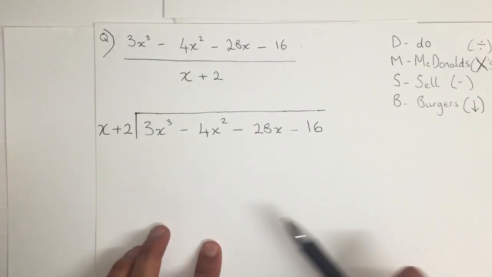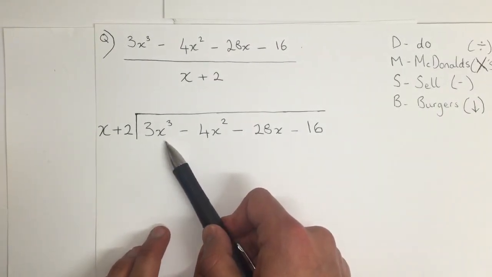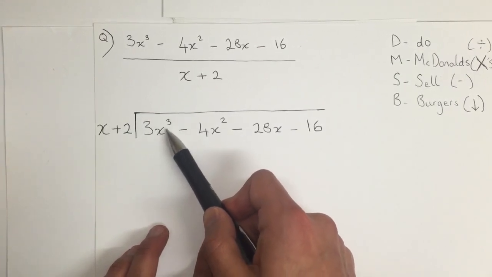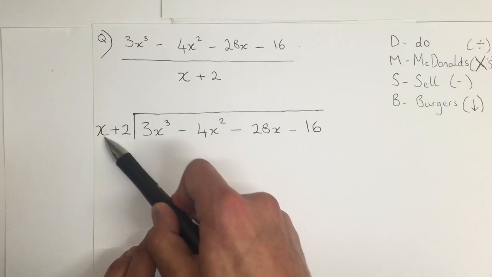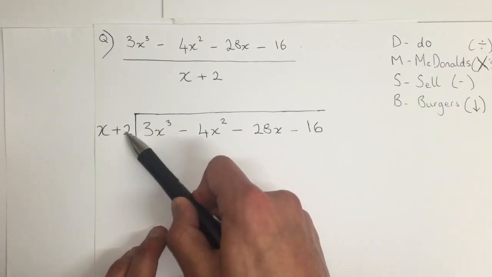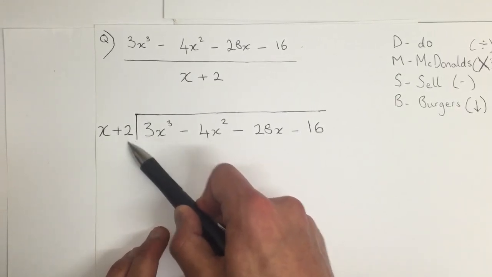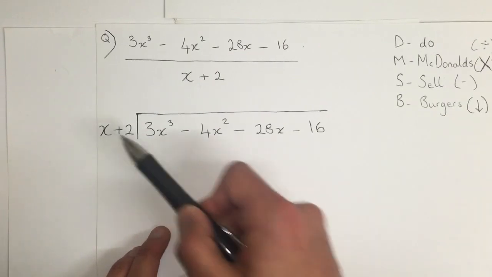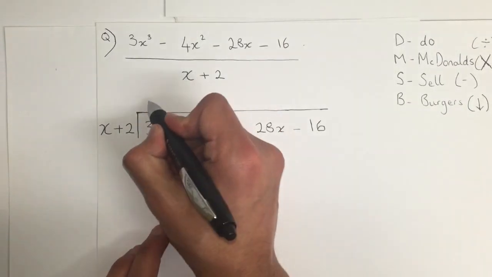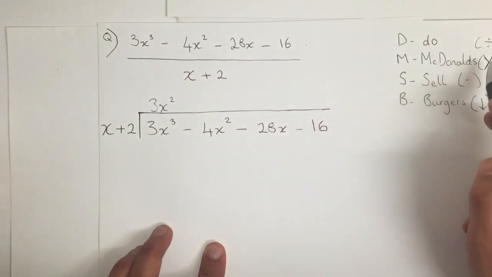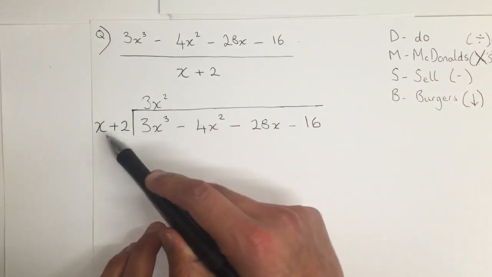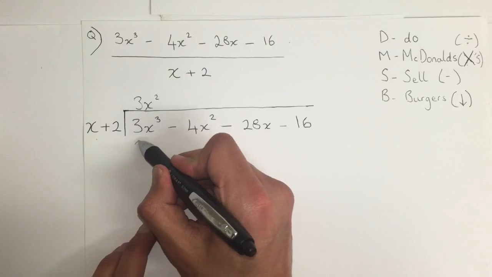So if we begin, you ask yourself the question first, what is 3x cubed divided by x? We divide by x first and not the 2. That's very important. So 3x cubed divided by x equals 3x squared. Then we move on to the times. 3x squared times x is 3x cubed.